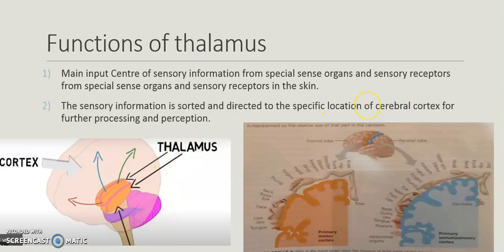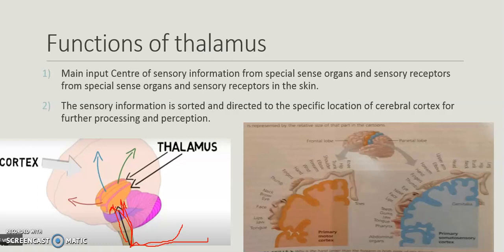All the information that is coming from our special sense organs and sensory receptors first comes through the sensory nerve to our spinal cord, and from our spinal cord it is taken to the thalamus. This is the thalamus. From whatever the sensory organ, every piece of information will come to our thalamus.